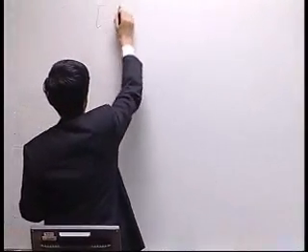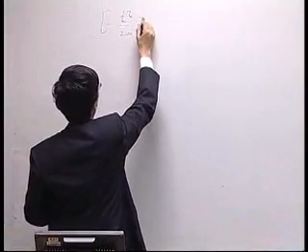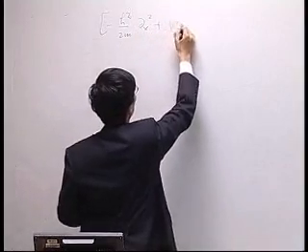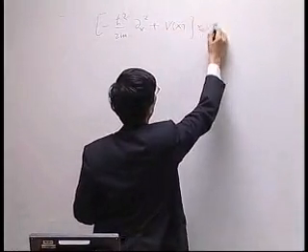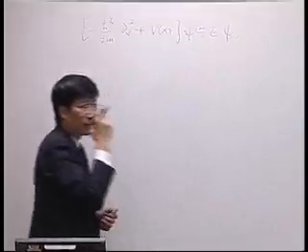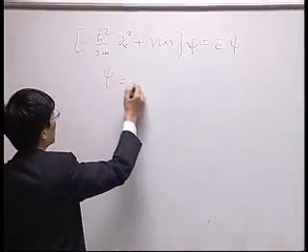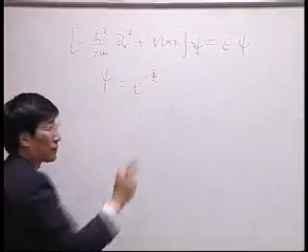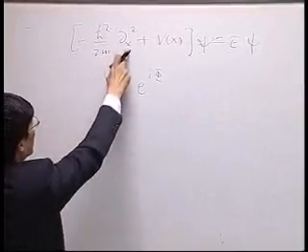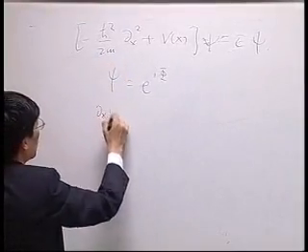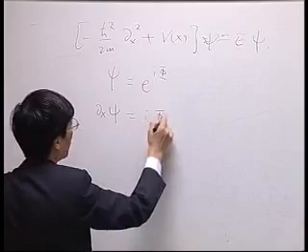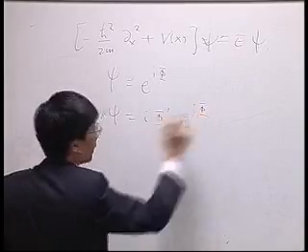So you have something like this: minus h bar squared over 2m times the second derivative, plus the potential, acting on psi, equal to E psi. All right? Let me write psi as e to the i phi. Then one derivative would be i phi prime e to the i phi.